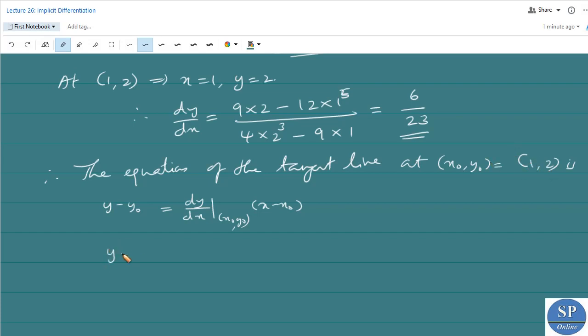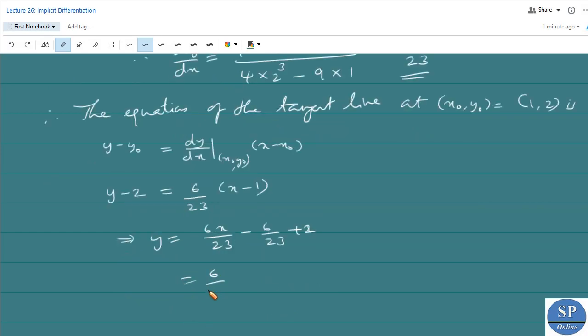So this is y minus 2 equal to dy by dx at the point 1 comma 2, which is 6 by 23, into x minus x naught, that is x minus 1. This implies y is equal to 6x by 23 minus 6 by 23 plus 2, that is y equal to 6 by 23 x plus 40 divided by 23.